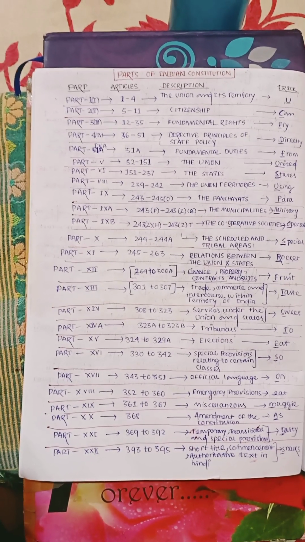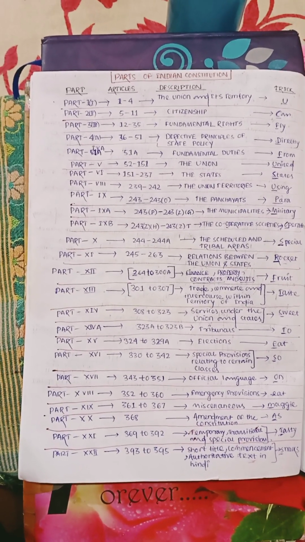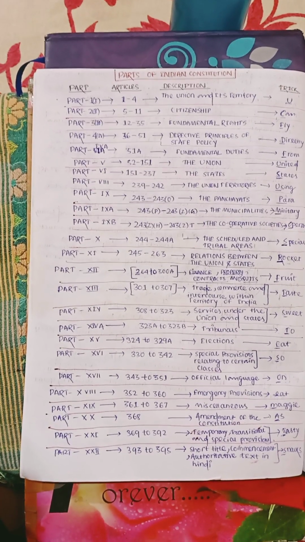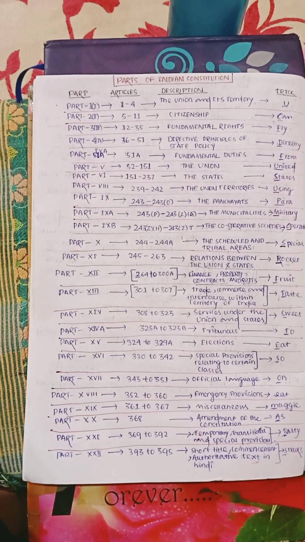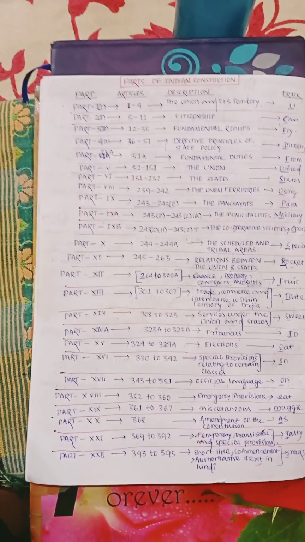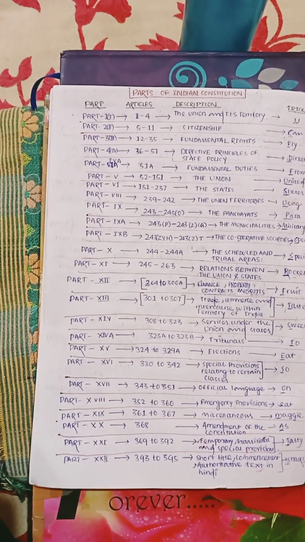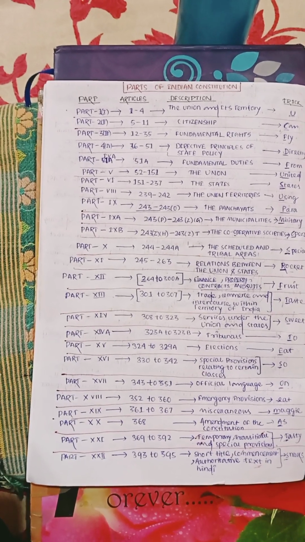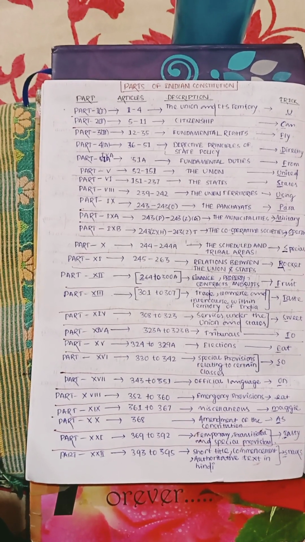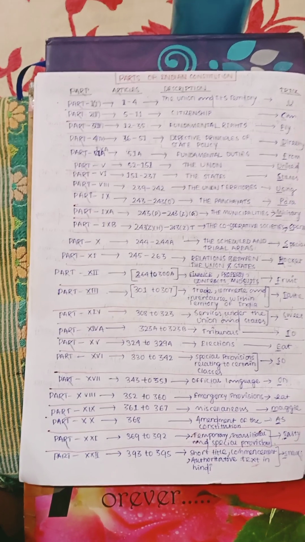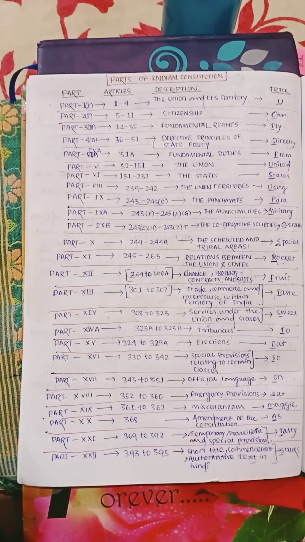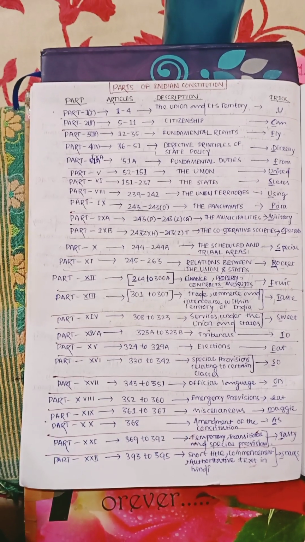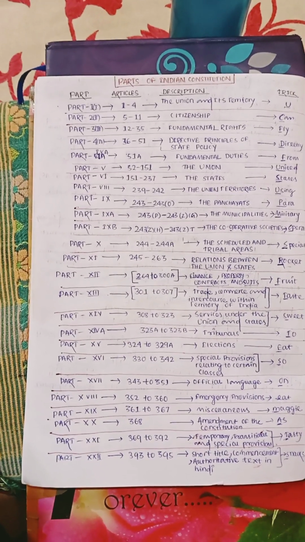So the total from part 12 to part 22 is fruit taste sweet to eat, so on eat Maggie as tasty snacks. Okay, in this way you remember the parts of constitution. So you must remember the parts of constitution in this way.